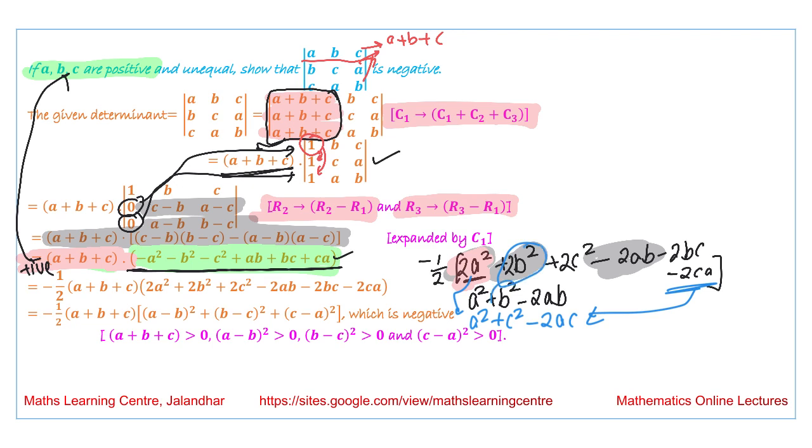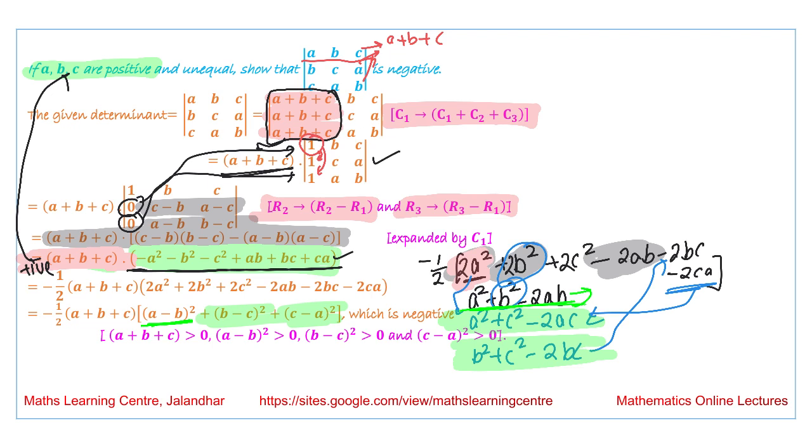Now we are left with b and c, so it is b square plus c square minus 2bc. These are the formulas for a minus b whole square, the second is b minus c whole square, and the third one is c minus a whole square.